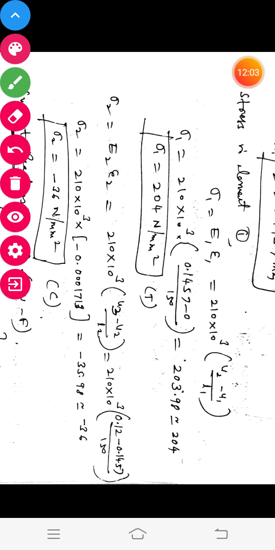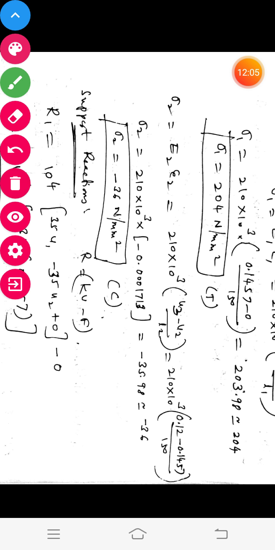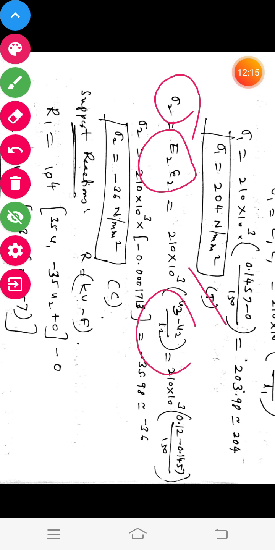Now we'll proceed to the stress in element 2. Stress in element 2 is Young's modulus into strain in element 2. Young's modulus is the same, 210 into 10 raised to 3, into bracket, strain in element 2, which is the change in displacement between nodes 2 and 3, final node U3 minus U2, divided by L2. U3 is given as 0.12, U2 calculated is 0.1457, L2 is 150.